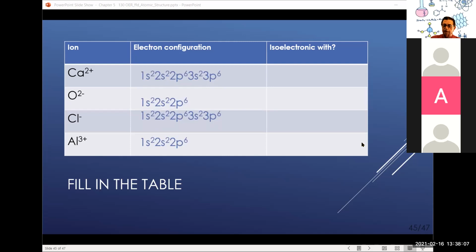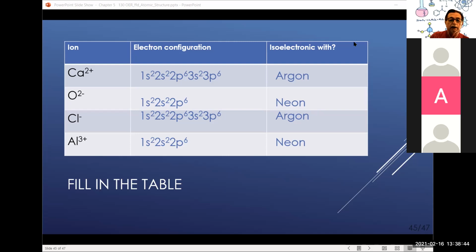So we can write the electron configuration for calcium +2, the cation, oxygen, which now is oxide, and Cl negative, now chloride. The calcium ion is isoelectronic with argon, the noble gas behind it. The oxygen, now oxide, is isoelectronic with neon in front of it. The chlorine becomes chloride, and it's isoelectronic with argon.